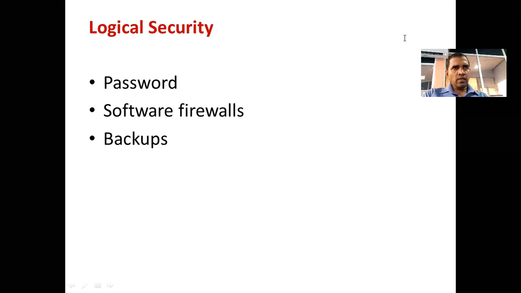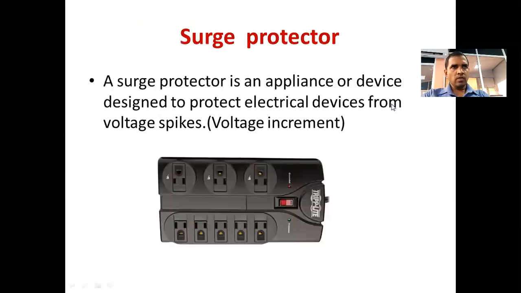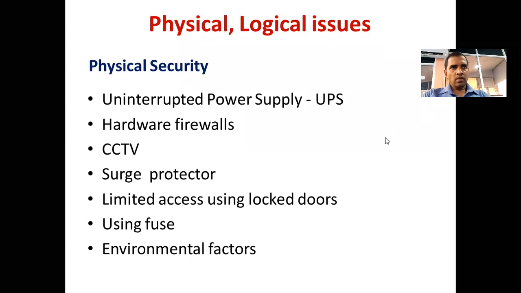So these are the logical security methods which can protect your computer. This is the summary. Your computer can be protected from two different factors: physical issues and logical issues. To prevent physical issues, we want physical security.